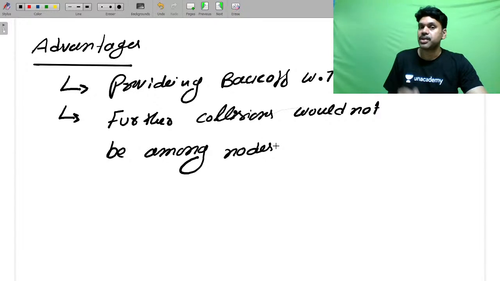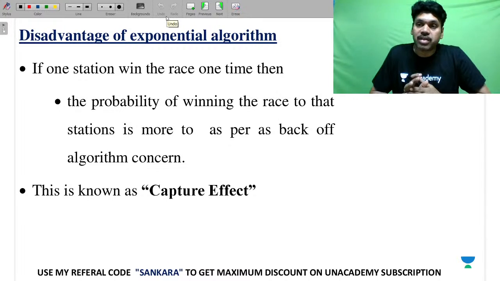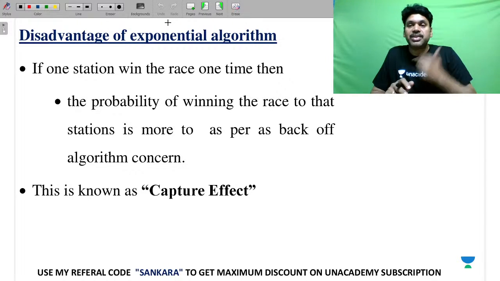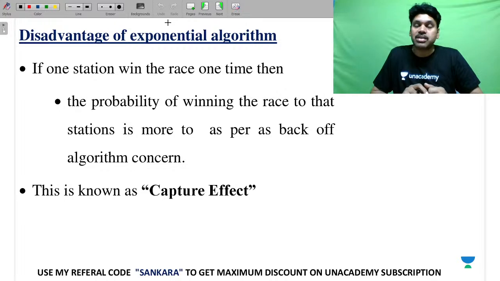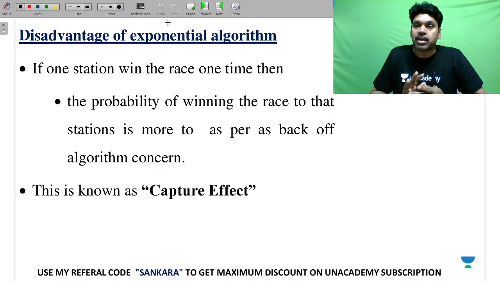This is the advantage. And the disadvantage is that whoever wins for the first time, that means whoever got the 0th waiting time, that node is going to capture the channel for the next transmissions. The node who failed the first time in the retransmission is going to wait for the channel.